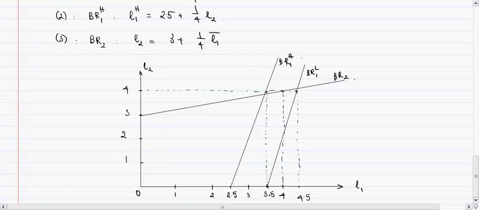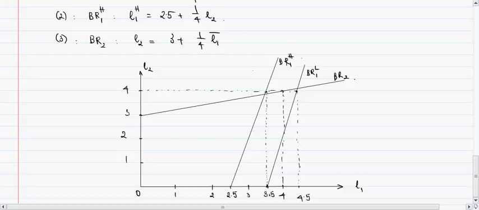Now I just want to indicate the Bayesian-Nash equilibrium on this diagram. The best response function of player 2 is going to be responding to L1 bar, which is the average between L1H and L1L. So player 2 is going to be responding to the line in between the best response function of player 1 of the low type and player 1 of a high type.